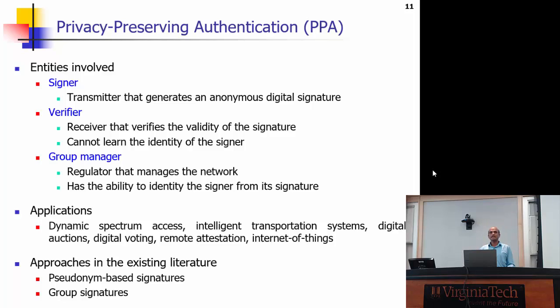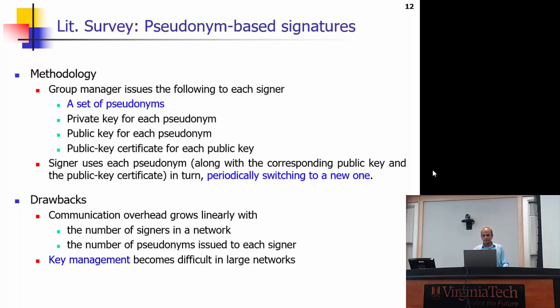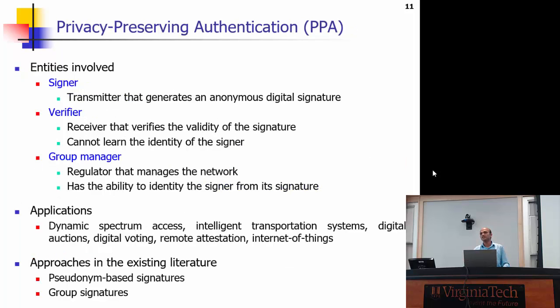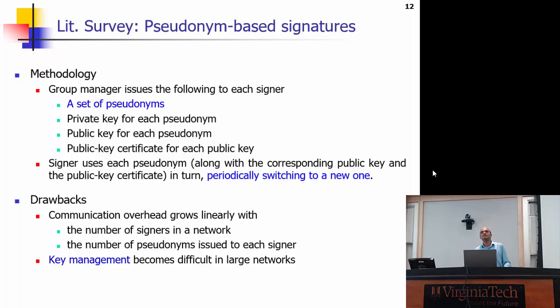Now if you look into the existing literature, you could see that there are mainly two aspects of doing this privacy preserving authentication. One of the ideas is very simple. You give every signer a large number of identities, not just one identity, called pseudonyms, and tell it to change them after some time.